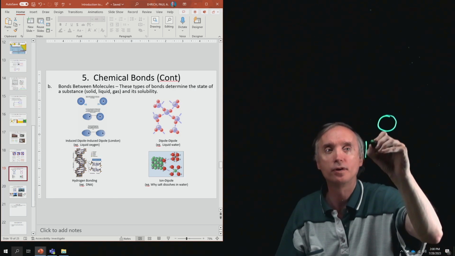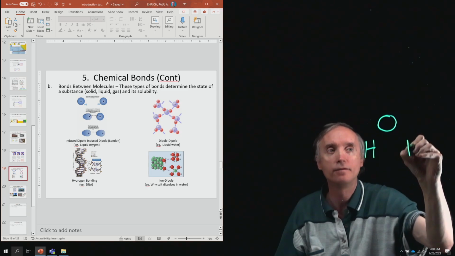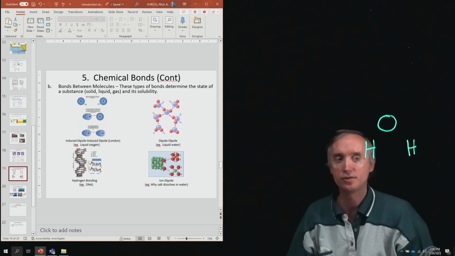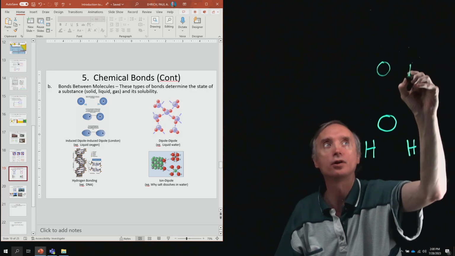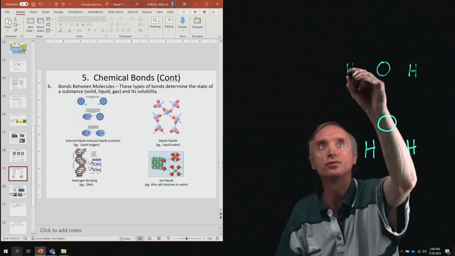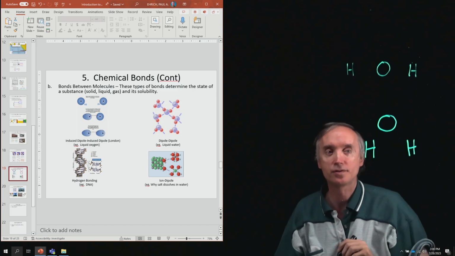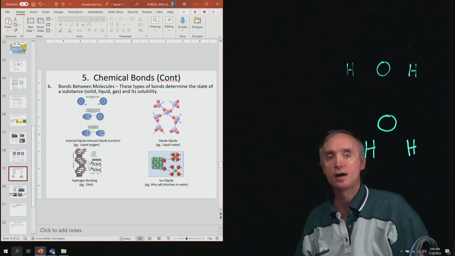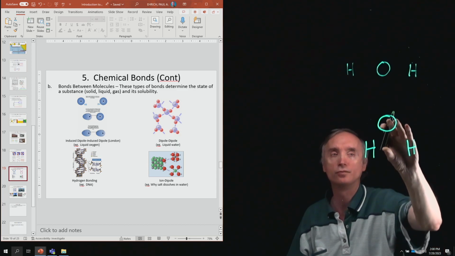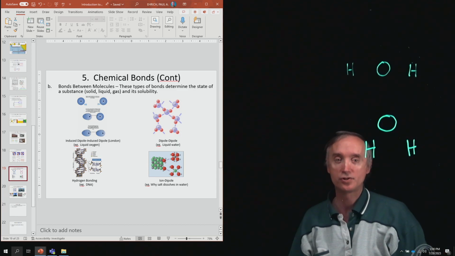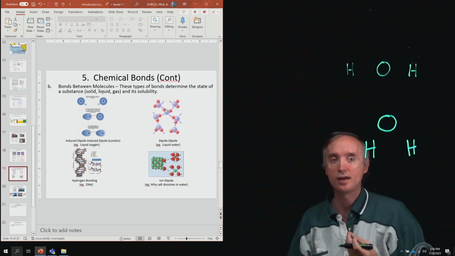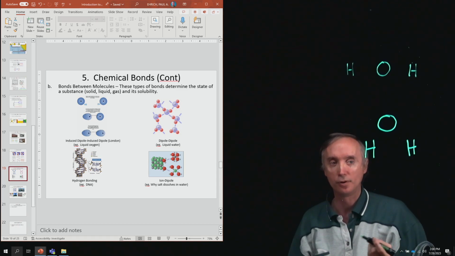You might have been wondering, why does water have this particular shape associated with it? You might be thinking, well, it ought to look like this, with the two hydrogens on either side of it, but it turns out that that's not correct. Let's see if you can figure out why it's shaped the way it is. What did we say was the magic number in chemistry?